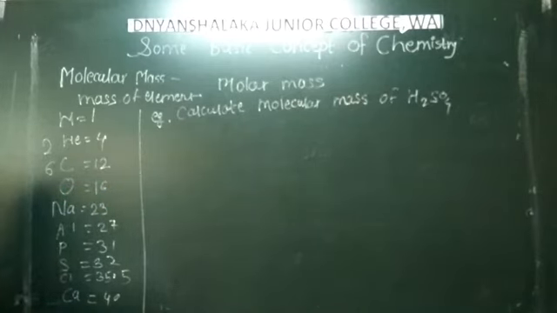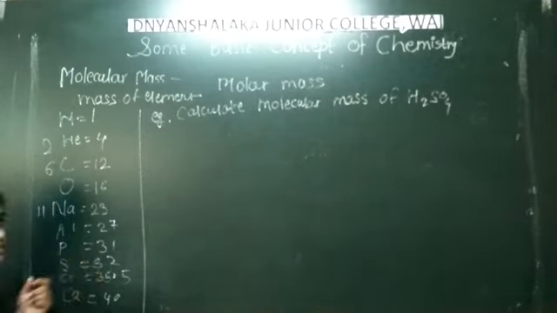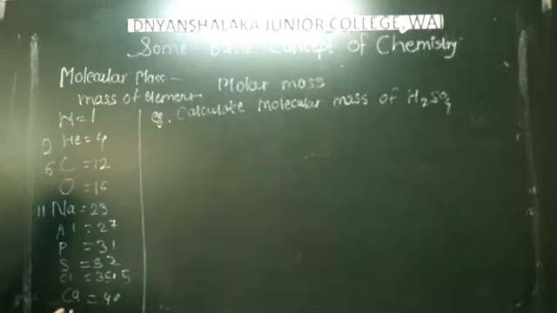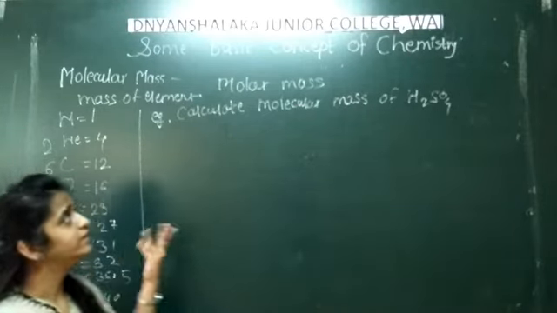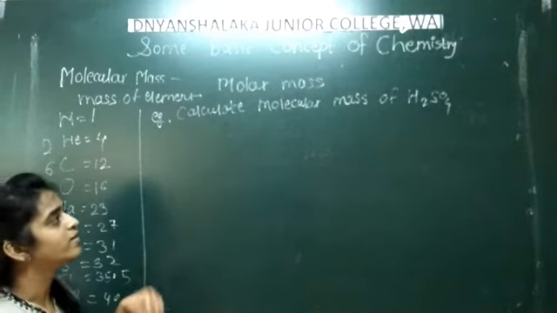Sodium 11, atomic mass 22.8, approximately 23. Aluminium 27, phosphorus 31, sulfur 32, chlorine 35.5 and calcium 40. Using these atomic masses, we solve the next examples of molecular mass or molar mass of given compounds.